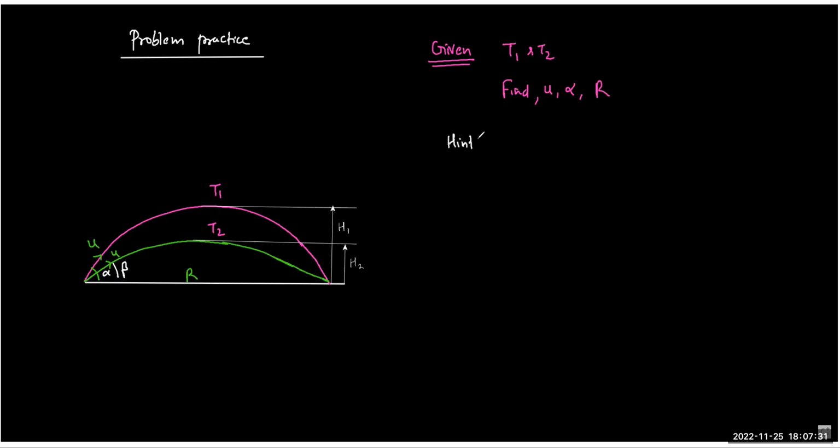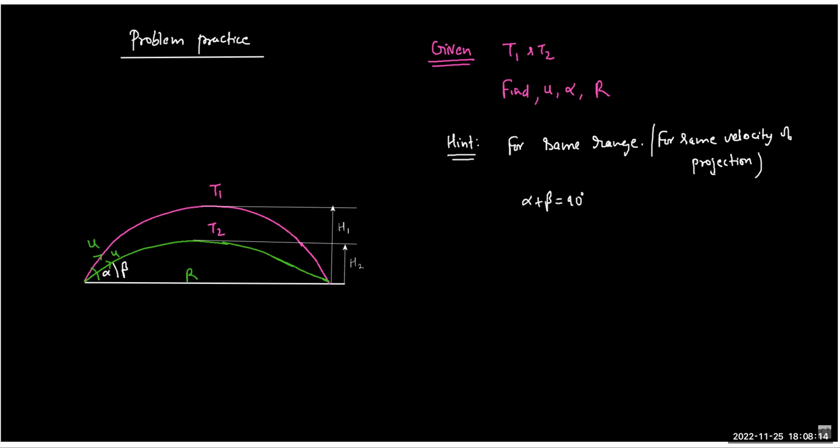So to solve this question, the hint is simple. For the same range, for the same velocity of projection, alpha plus beta will be how much? 90 degrees.